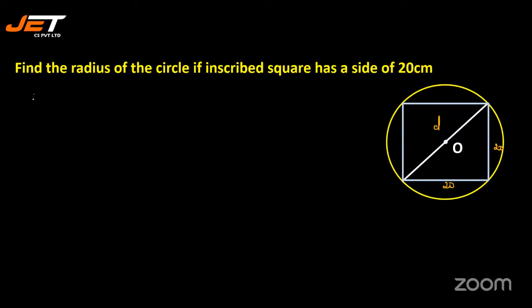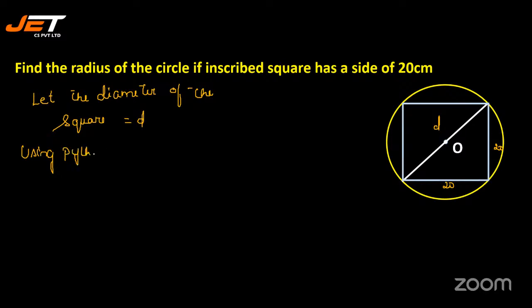So let the diameter of the square be equal to D. So using Pythagoras theorem, we say it is 20 square plus 20 square is equal to D square.